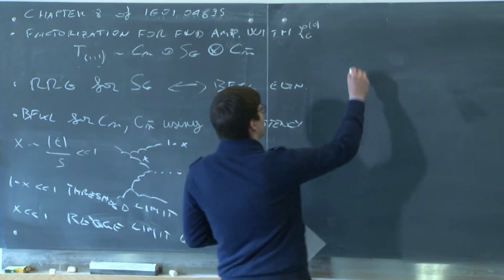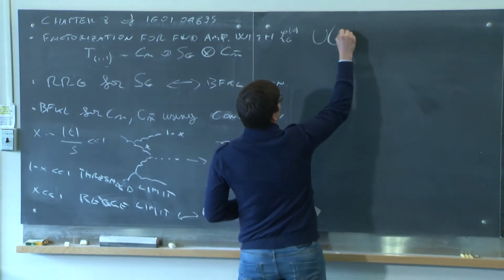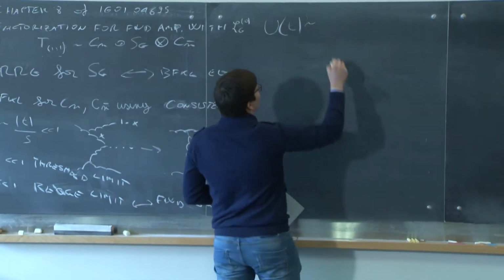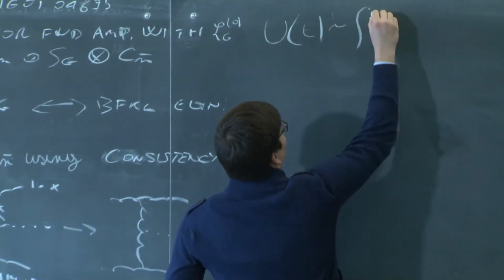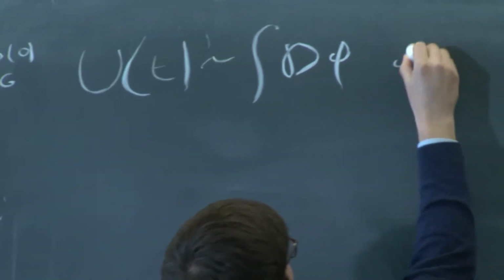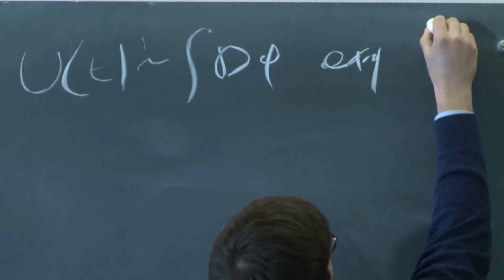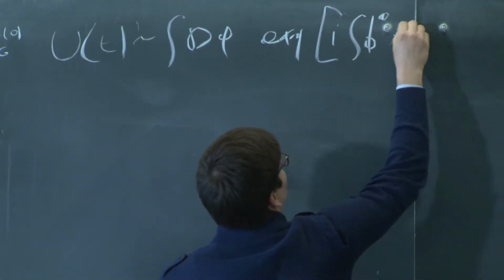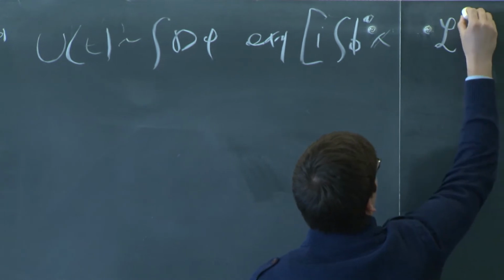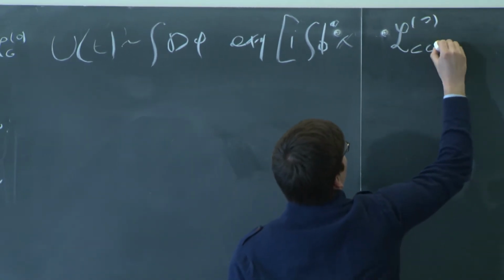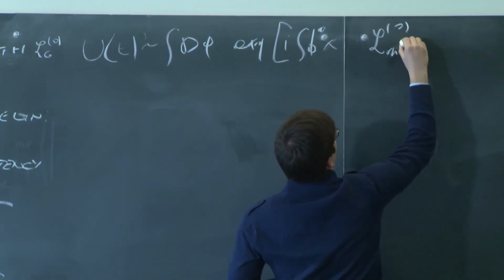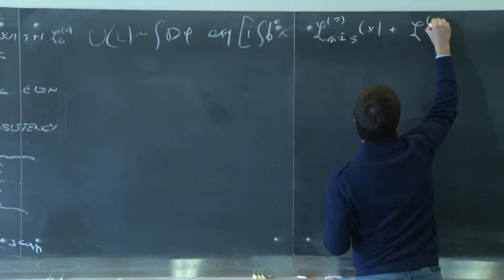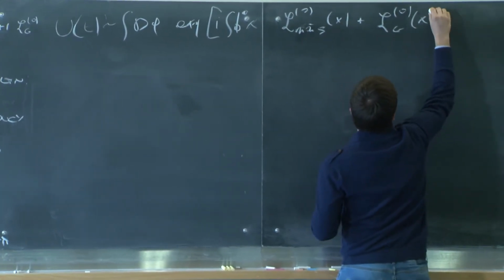Basically, the idea is that I can take the generic time evolution operator in SCET, and this is going to be something like the path integral of the exponential of both the usual SCET Lagrangian, plus the leading power Glauber Lagrangian.